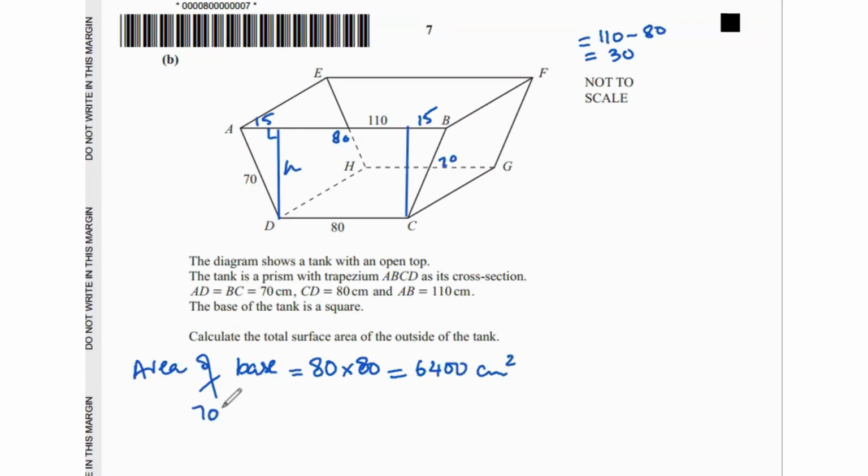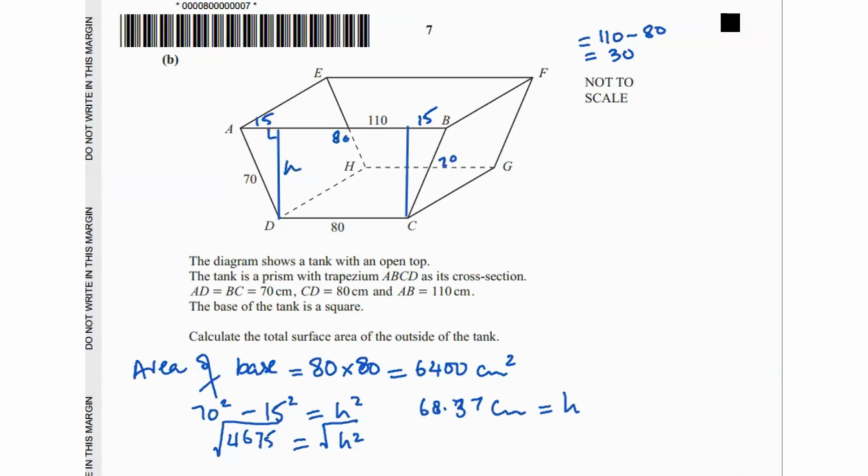So 70 squared minus 15 squared equals h squared. That gives us 4675. Square root that, and that's going to be 68.37 centimeters as your height.